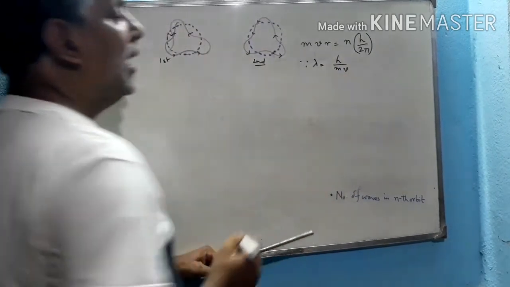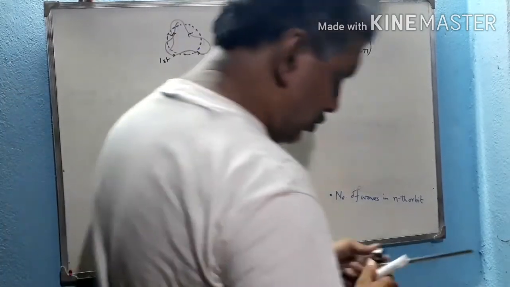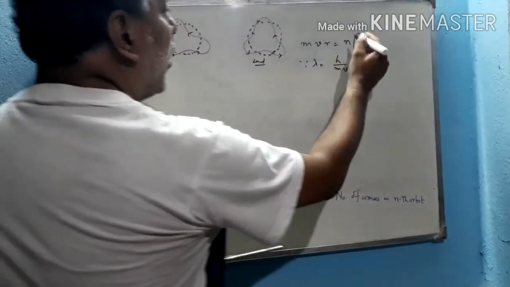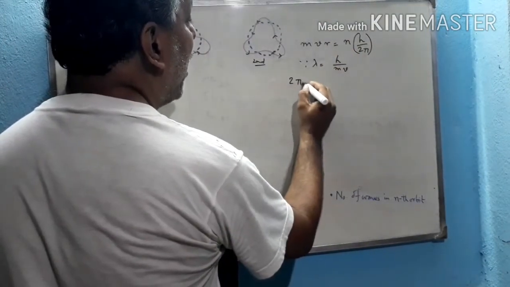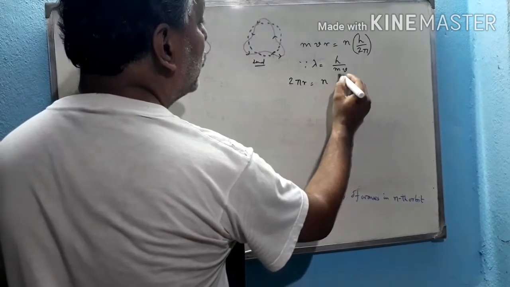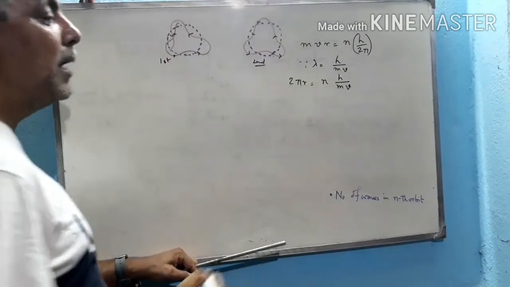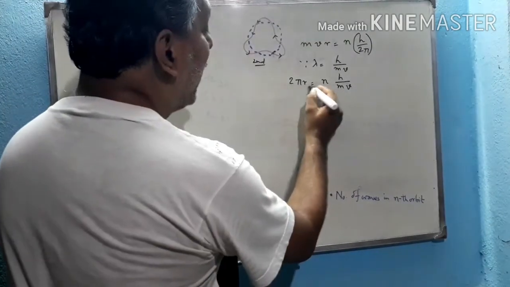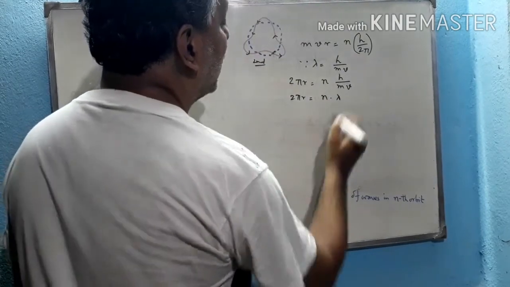Putting this equation in, instead of h by mv, 2 pi r equals n into h by mv. That means 2 pi r equals n into lambda.